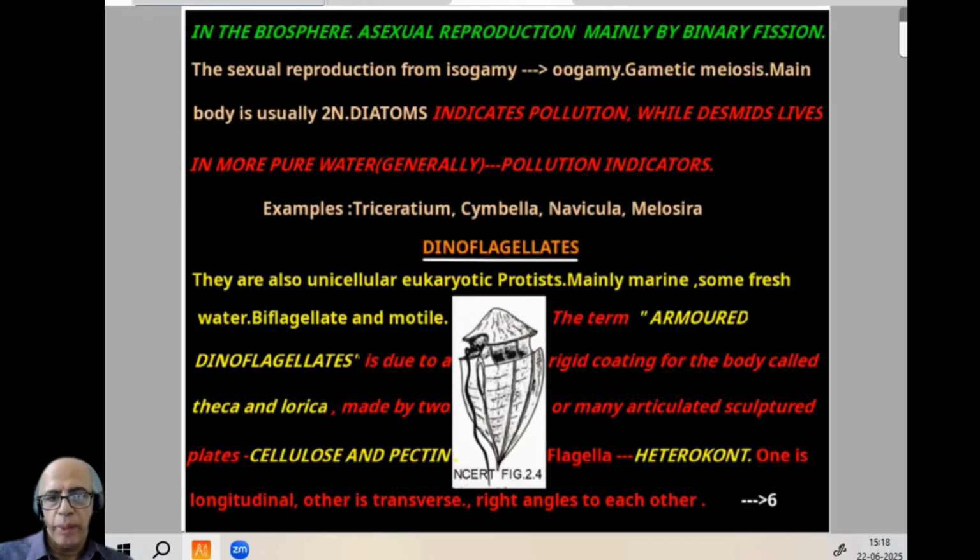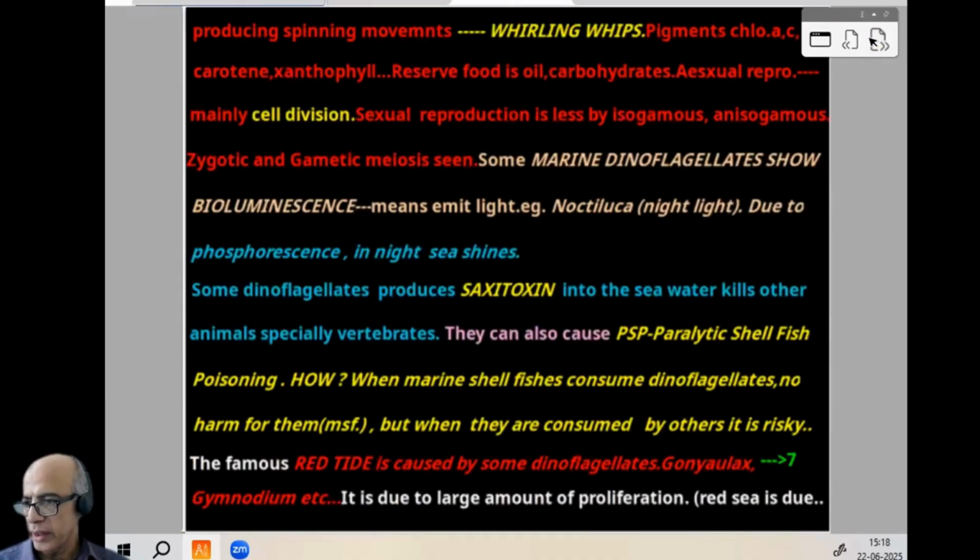So that is why the term armored dinoflagellate covering. Flagella are there, showing heterokont arrangement. One is longitudinal, the other is transverse, at right angles to each other. Since the two flagella are at right angles to each other, they produce a spinning movement, which is often called whirling whips.